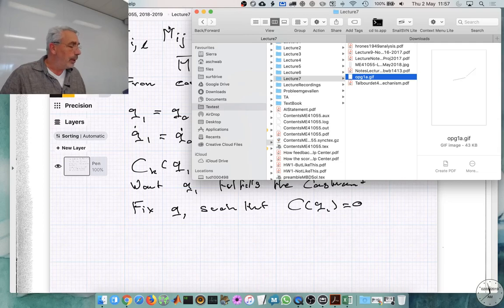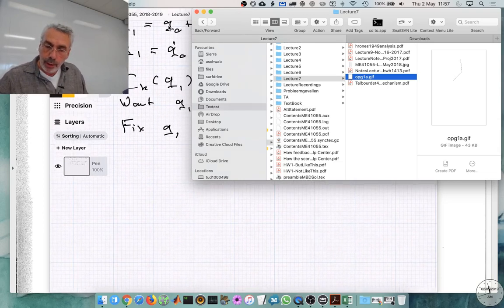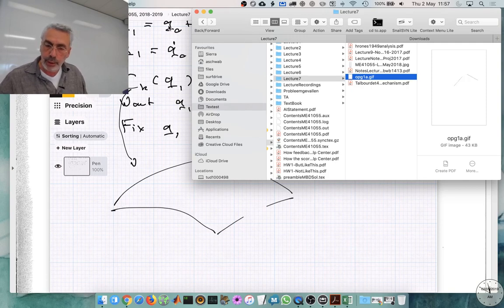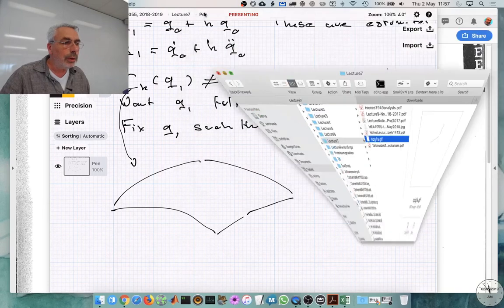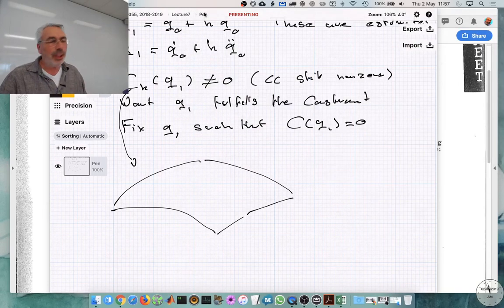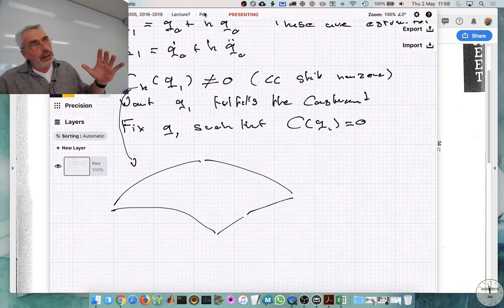So how do we do that? Maybe there goes a picture. You could say that the constraints are like some curved surface. The constraint you can see is like a surface. We are constrained to be on Earth.